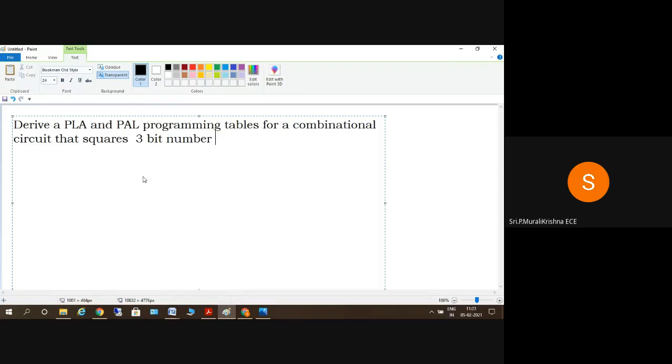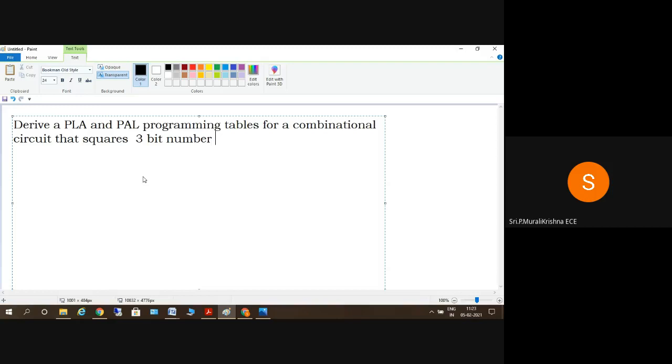So when we draw the truth table, if the inputs are ABC and the outputs are S0 to S5, S1 will be 0 here and S0 will be C. So there is no need of mentioning S0 and S1 in the truth table. So we have to find the K-maps for S2, S3, S4 and S5. Whereas PLAs need both true forms and the complement forms, PALs need only the true forms.